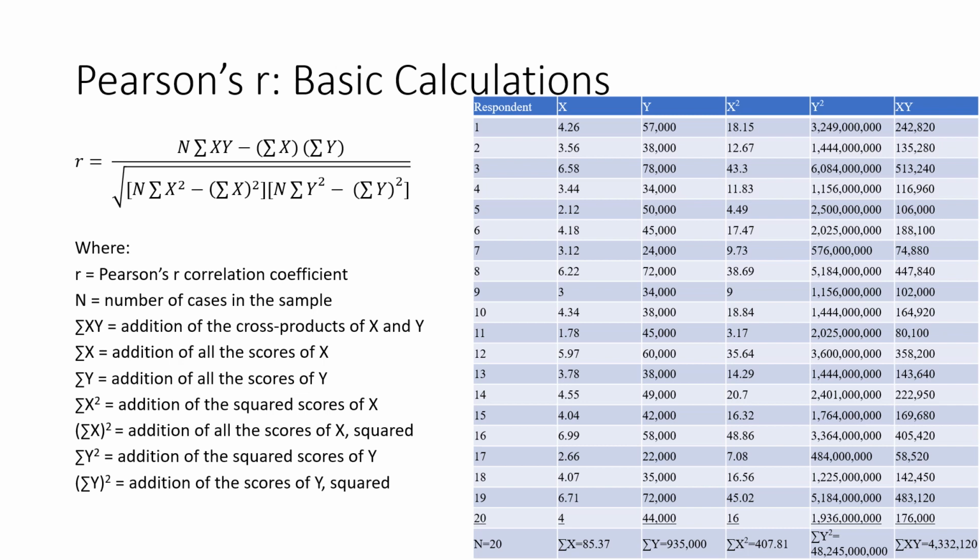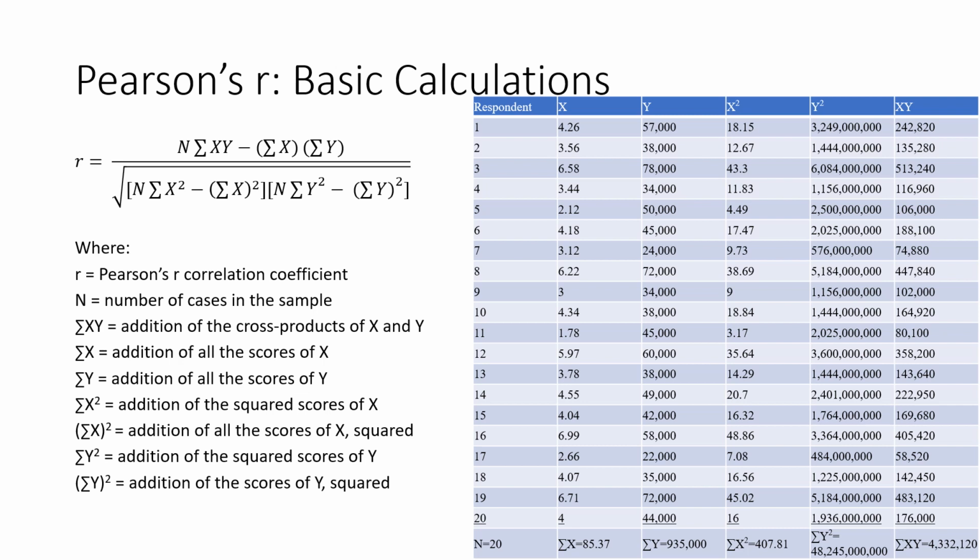Okay, so here you can see the basic calculations, the equation for Pearson's R. It seems a bit intimidating at first glance, but it's actually not that intimidating if you break it down into its constituent parts, as I've done with the data set on the right-hand side of this slide. So again, you can see the respondent in the first column.